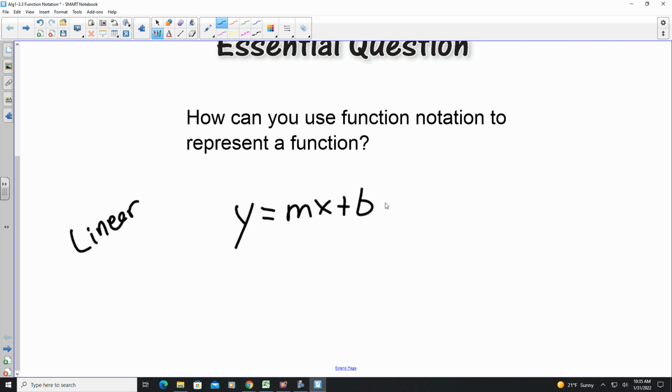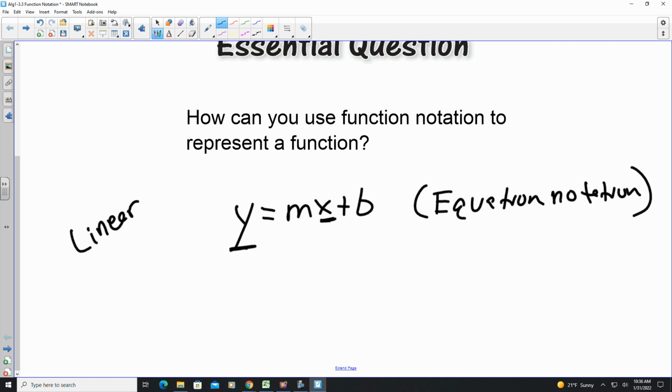This is an example of equation notation, because you have two variables. You have your independent variable x and you have your dependent variable y.